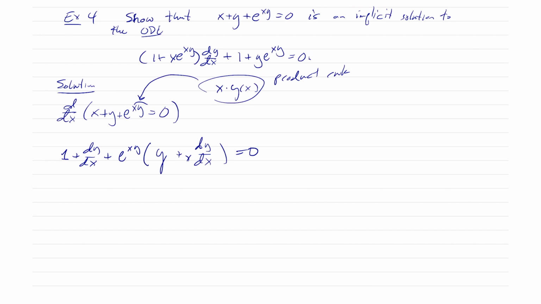All right, now we solve for dy dx. And so I'm going to have dy dx plus x e to the xy on the left-hand side. I'm just basically distributing this guy over and pulling it out. And on the other side, I have minus 1, and then minus y e to the xy. Right, and now if I divide both sides, oh wait, this is probably more than I need to do.